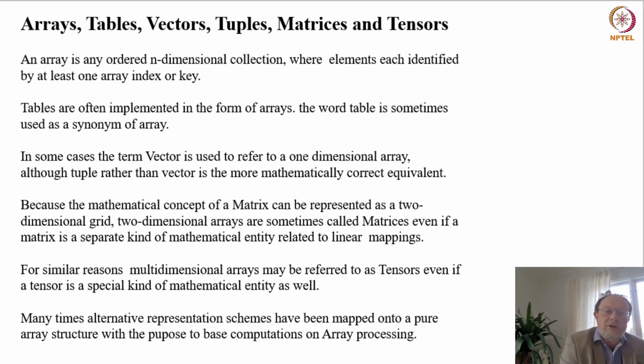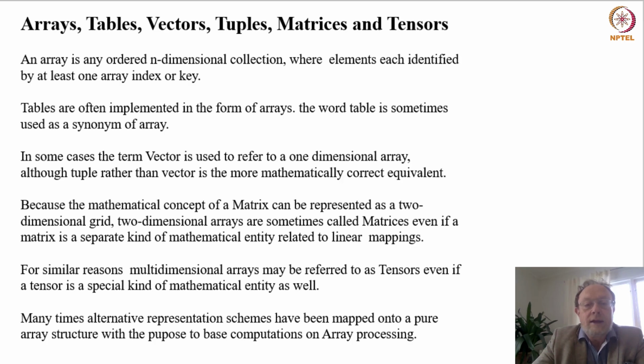Then there are some other concepts. The term vector is used to refer to a one-dimensional array. Also, tuple would be a better word, more mathematically correct, because a vector is an entity of its own in mathematics. In the same way, the concept of matrix can be represented as a two-dimensional grid, and you could talk about two-dimensional arrays as matrices, even if matrix is also a separate kind of mathematics, related to linear mappings.